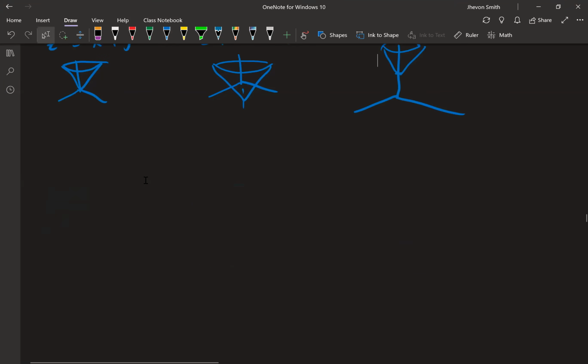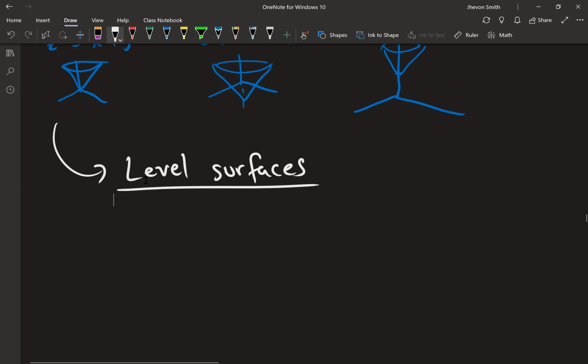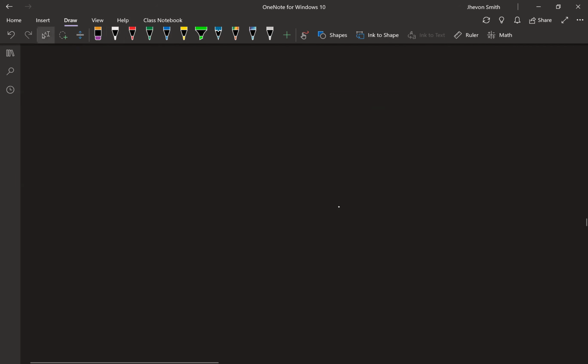So now when you start to draw the level surfaces, here is what it would look like.